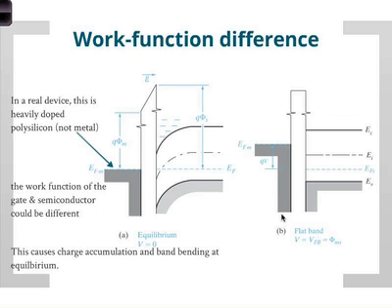Of course, then you can define a flat band condition, because as you apply a voltage here, if you apply a positive voltage here, you pull this band up. This is your applied voltage, the Fermi level split. And you reach a situation where the bands become flat. That's called the flat band condition.